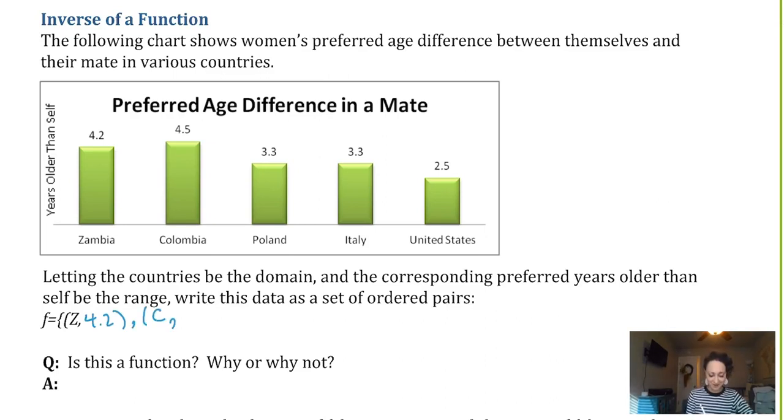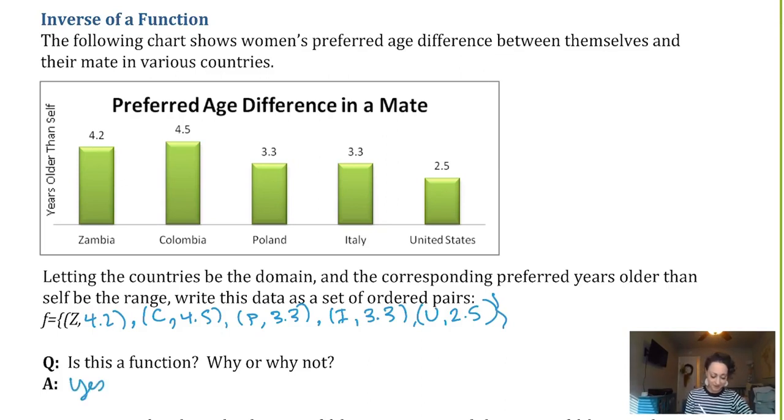And C, comma 4.5, Poland would be 3.3, Italy would also be 3.3, and the United States would be 2.5. Okay? So would you say this is a function, yes or no?